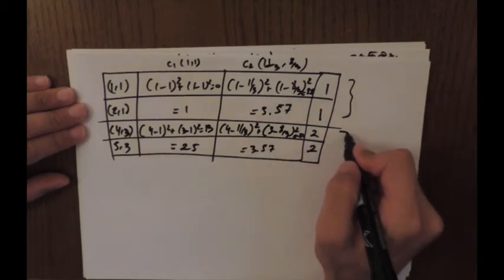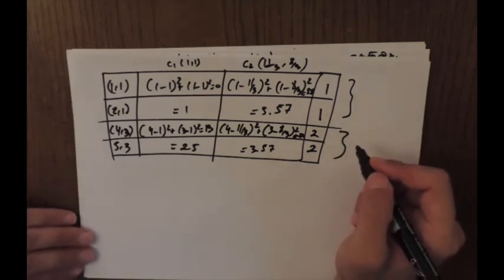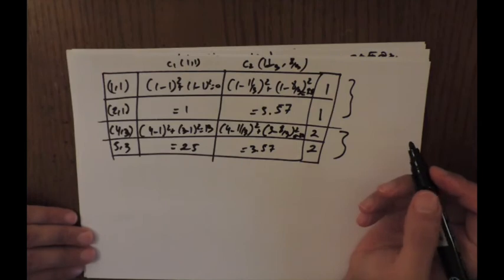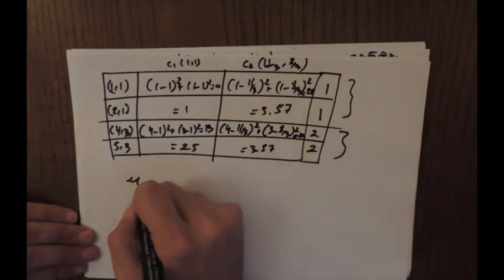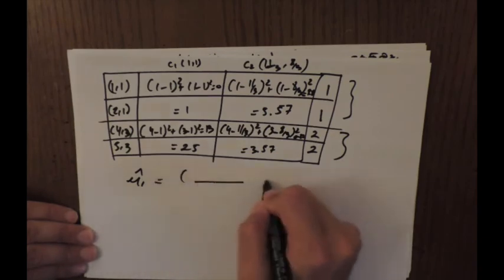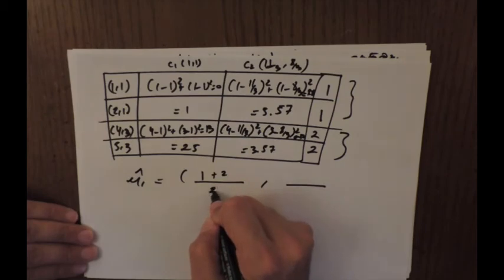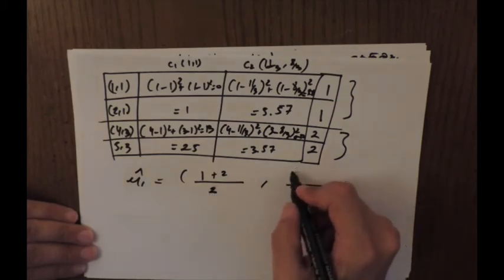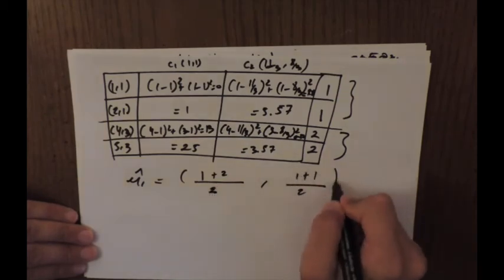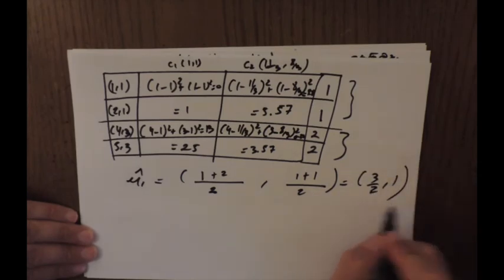So we can see here that we have the separation done as we notice in our data set, and now mu1 needs to be updated because we added a new point. So now it's going to be the average of (1 plus 2) over 2, and (1 plus 1) over 2, and this will be equal to (3/2, 1). This is the first cluster mean.